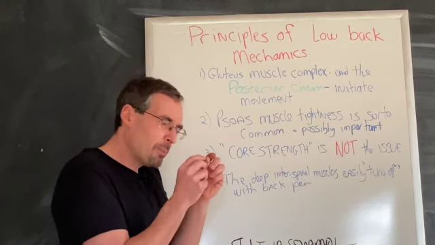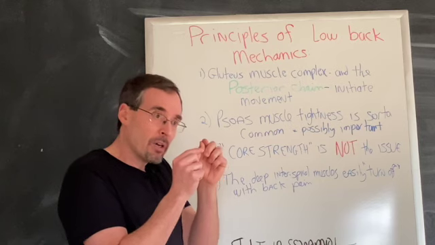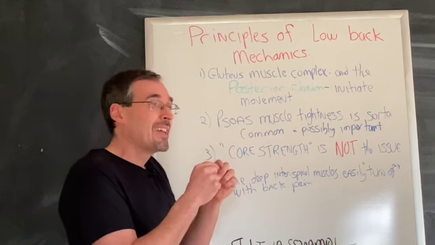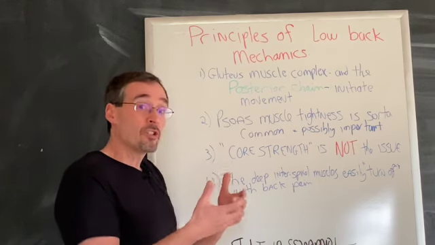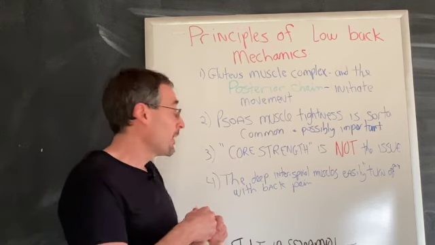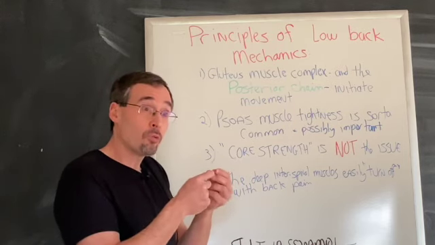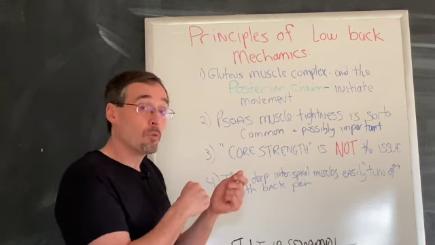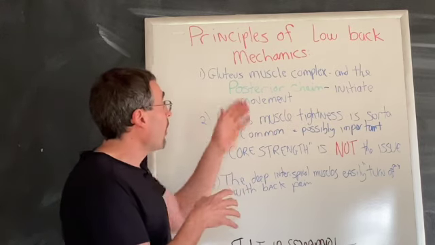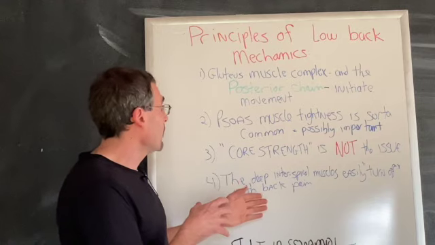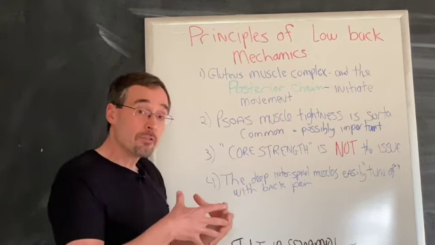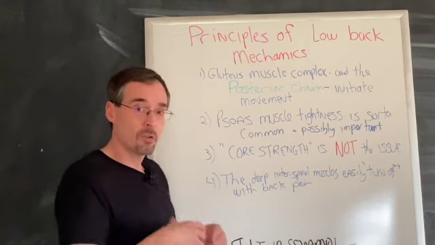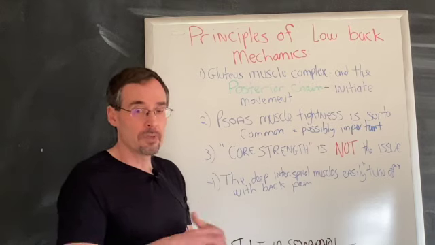So those really small muscles that are attached from one vertebra to the other, when they have back pain, those get turned off, they actually atrophy. And so those muscles play a critical role in spine-to-spine stability and spine-to-spine movement. So all of these 4 principles collectively help create efficient or inefficient spinal mechanics.